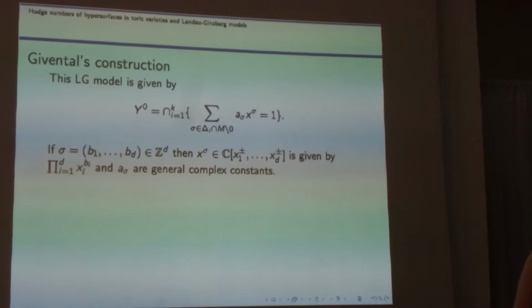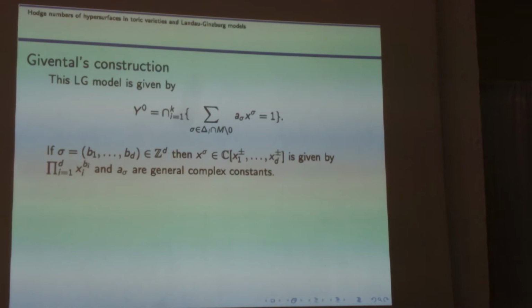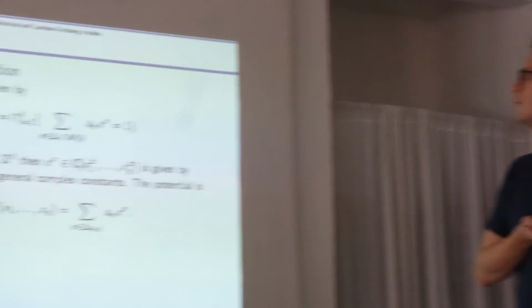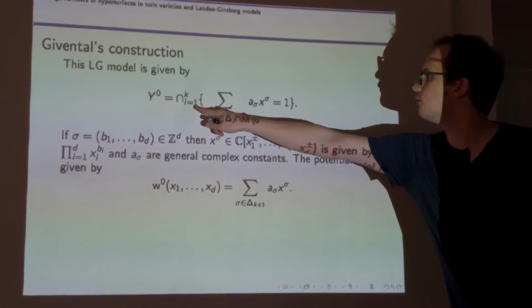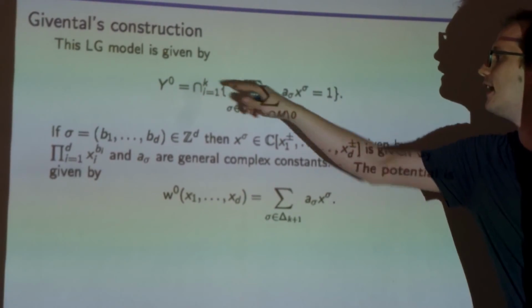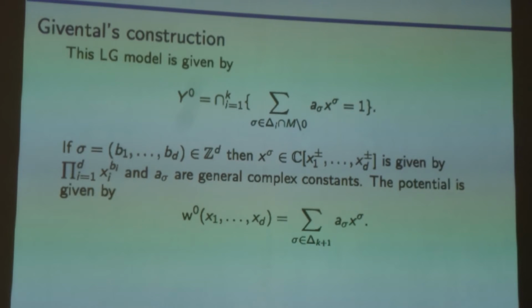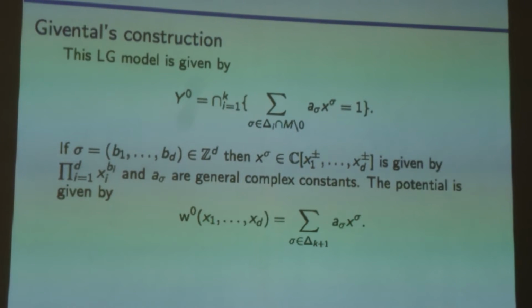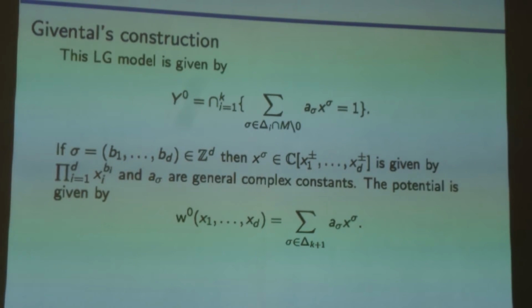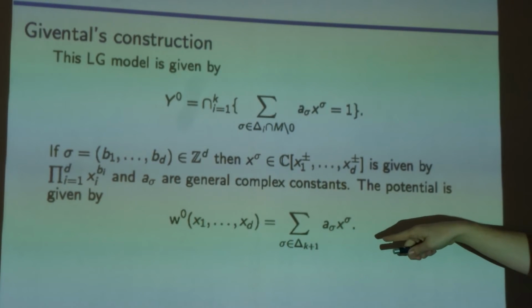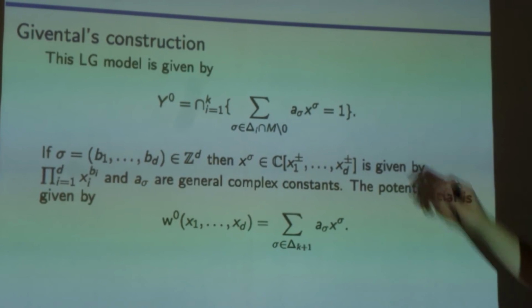And here the a sigma are just generic complex constants, for i from 1 to k. So that's the k plus first piece that we didn't really use in the construction of X, but is necessary here. So the potential is the description of this Laurent polynomial, and it's defined essentially in the same way as that.